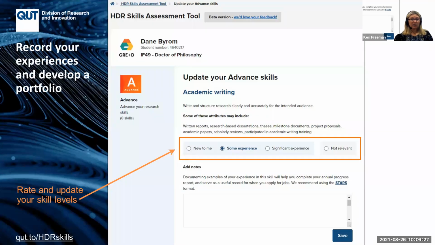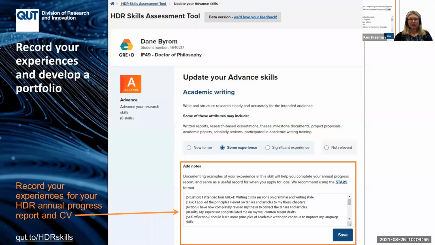Now, to help you to figure out which skills you would want to be improving, we have a HDR skills assessment tool. I'll also put that link into the chat. So you can identify and self-assess those skills to see where you need to improve, and then you can make a plan to start improving those skills.